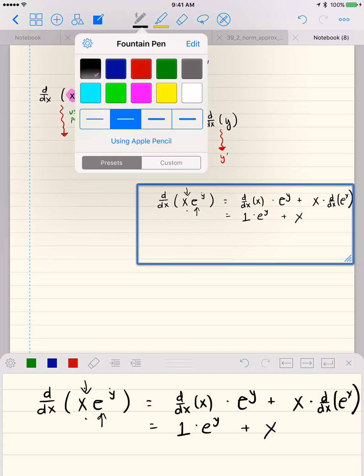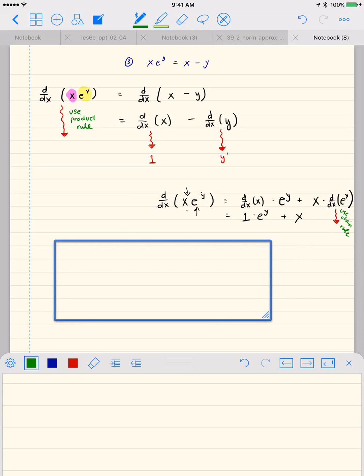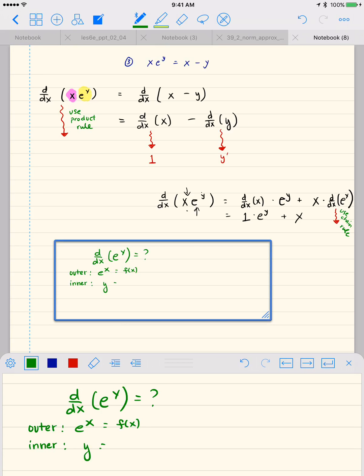Now, in order to find this derivative, we need to use the chain rule. If I want the derivative with respect to x of e to the y, I'm going to say, what is my outer? My outer is just e to the x. What is my inner? y. So my outer is e to the x, which is f of x, and my inner is y, which is going to be g of x.